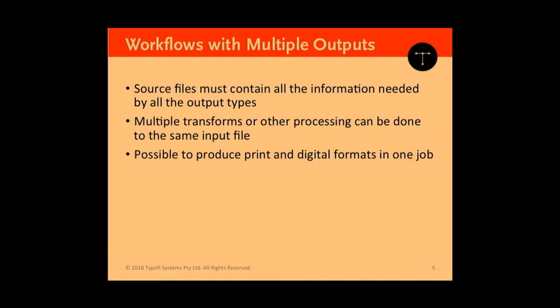Through a Typefi workflow like this, we can do separate transforms to the same input file. And you can produce print and digital formats at the same time in one job. So go back to here.